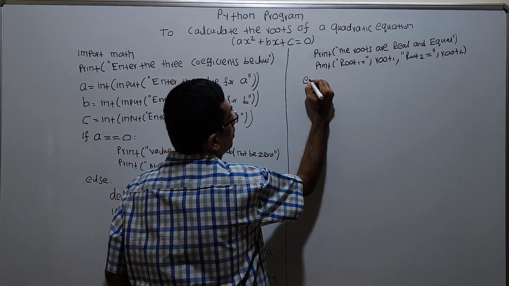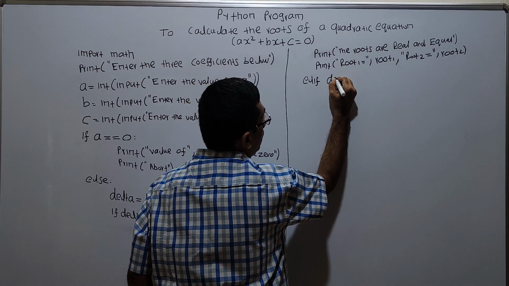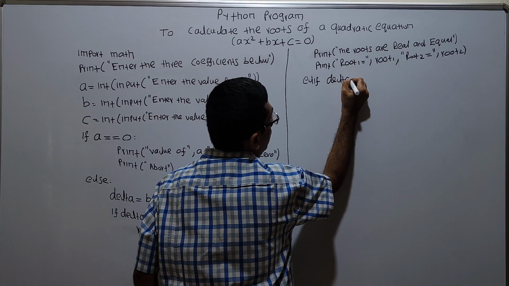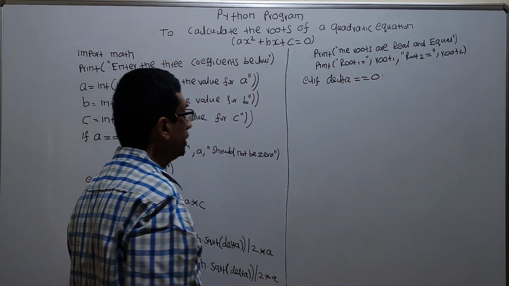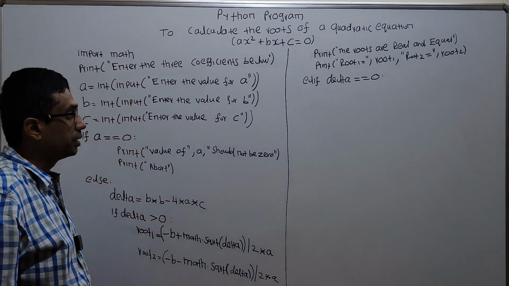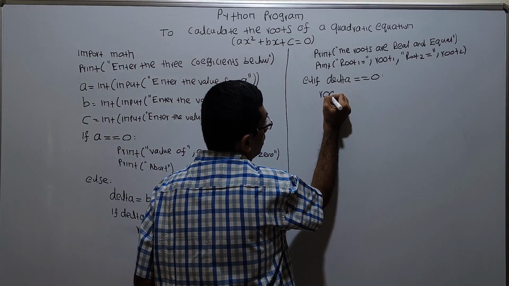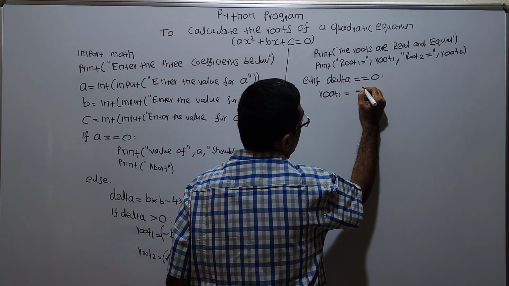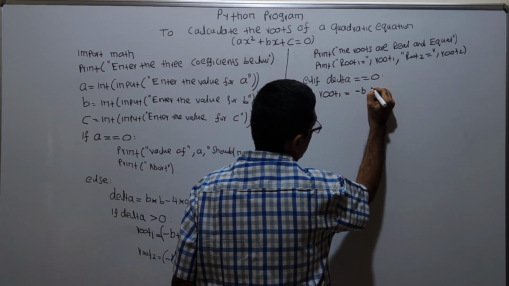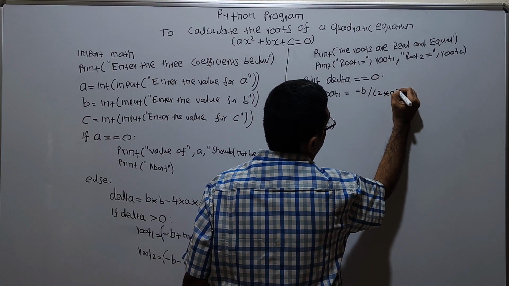Elif, I am checking delta double equal to 0. That means the value of delta is 0. The b square minus 4ac is 0. I am calculating root 1 equal to minus b divided by 2 star a.